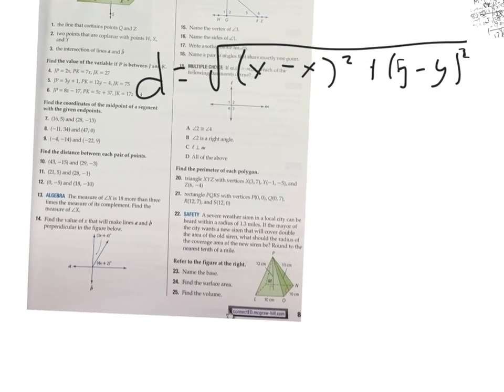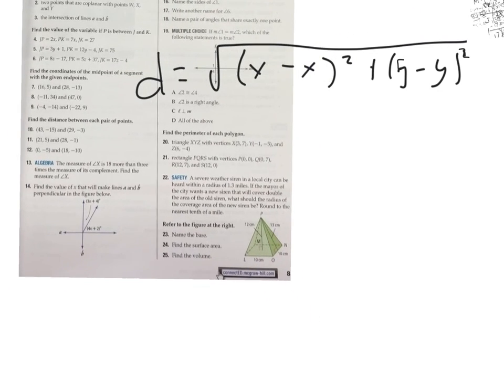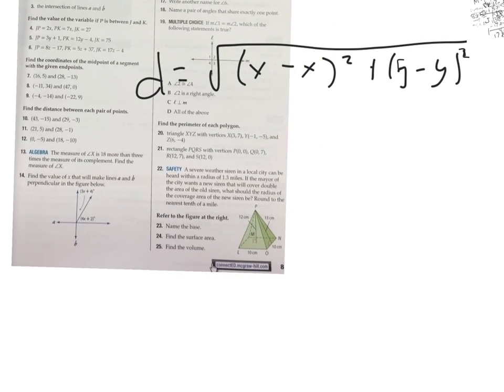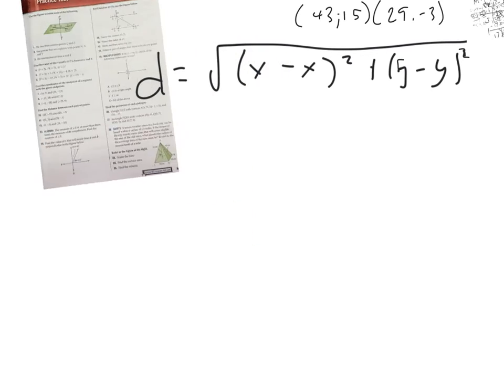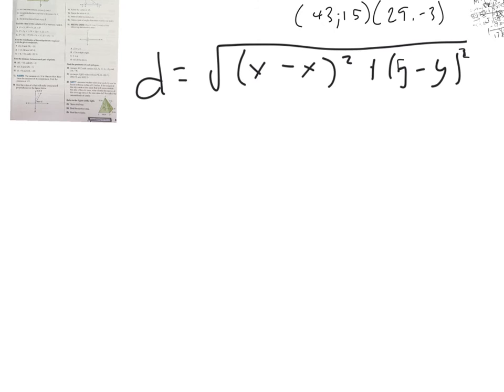The points for number 10 are 43, negative 15, and 29, negative 3. All right, so let's go ahead and use this whole space here.